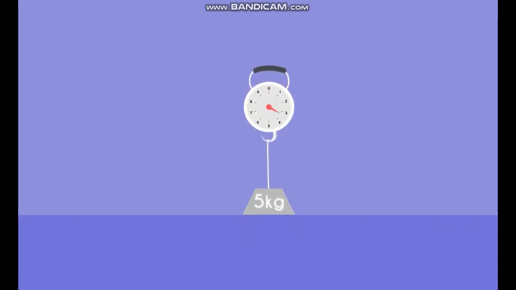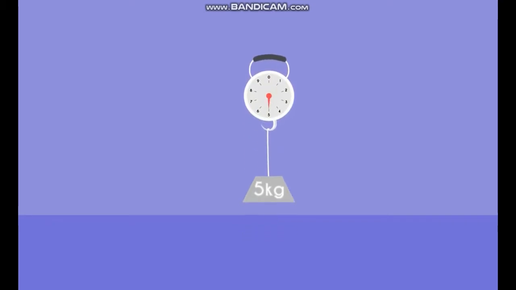We can take a simple example to understand the Archimedes Principle. We will take a 5 kilogram solid object and suspend it by a spring balance. The balance will read 5 kilograms. Let this be the first case.